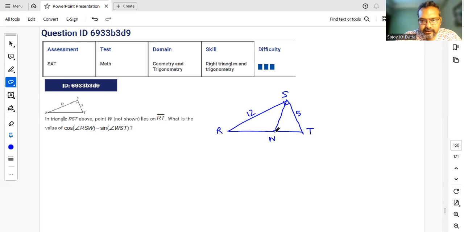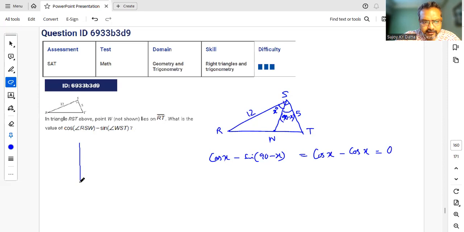They're saying cosine of RSW minus sine of WST. So if this was x degrees, then this angle here is 90 minus x degrees. So what we have is cosine of x minus sine of 90 minus x. Now you must be knowing that sine of 90 minus x is actually cosine of x. So this is 0.